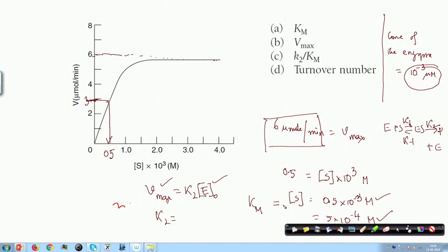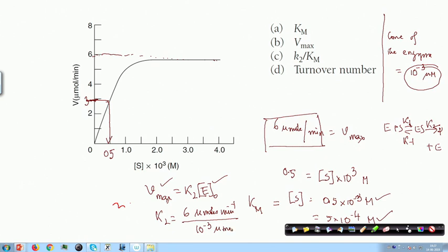your Vmax is here 6 micromoles per minute, 6 micromoles per minute, divided by your enzyme concentration, and that is 10 to the power minus 3 micromoles.